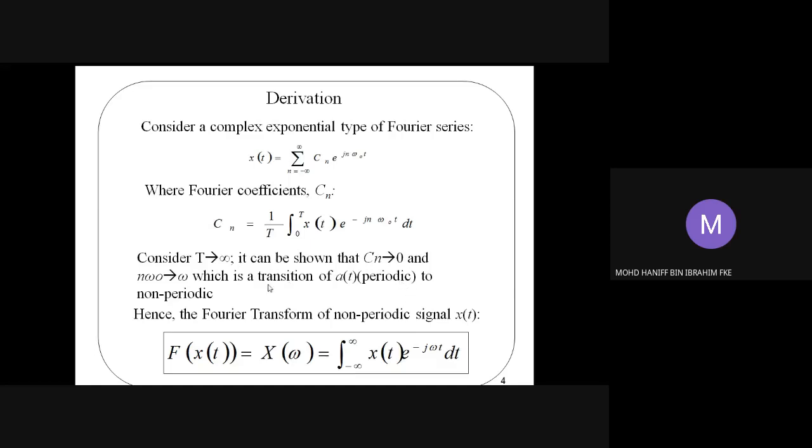So the transition is shown by the period T approaching infinity, Cn approaching 0, and n omega naught approaching omega.